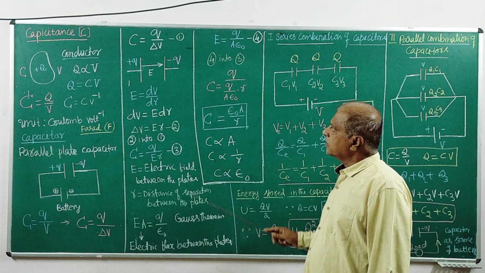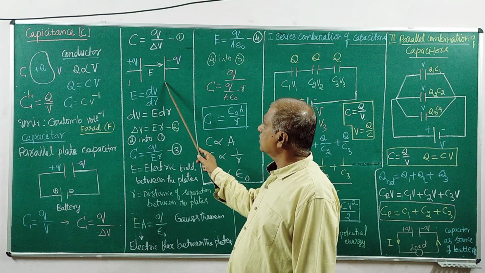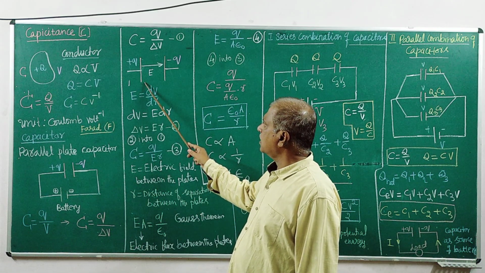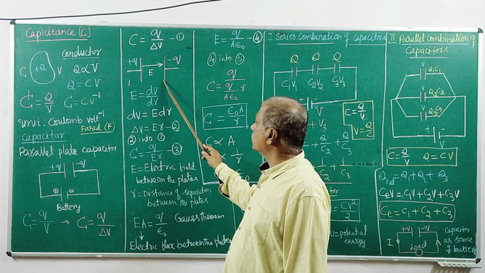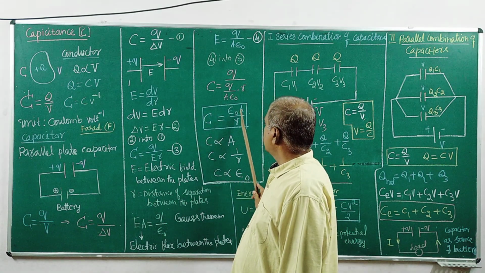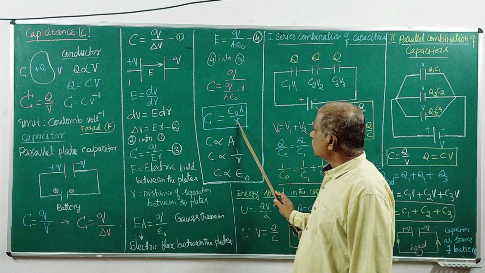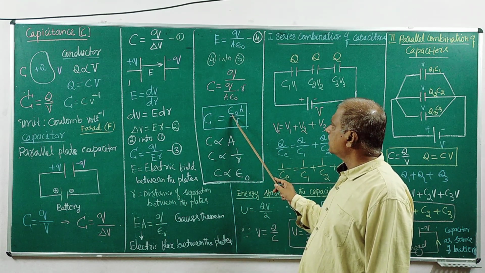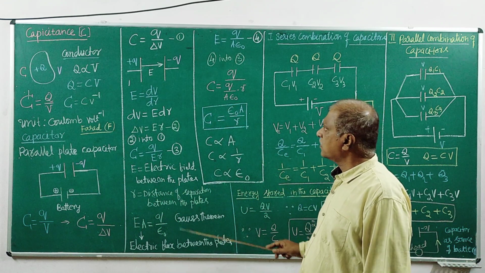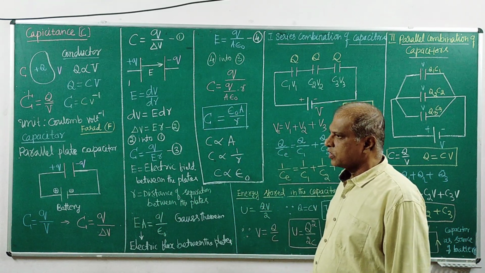That is why, in designing a capacitor, we always keep the distance of separation as small as possible and the area of the plate larger to increase the capacitance. It also depends on the permittivity; epsilon naught is for vacuum.